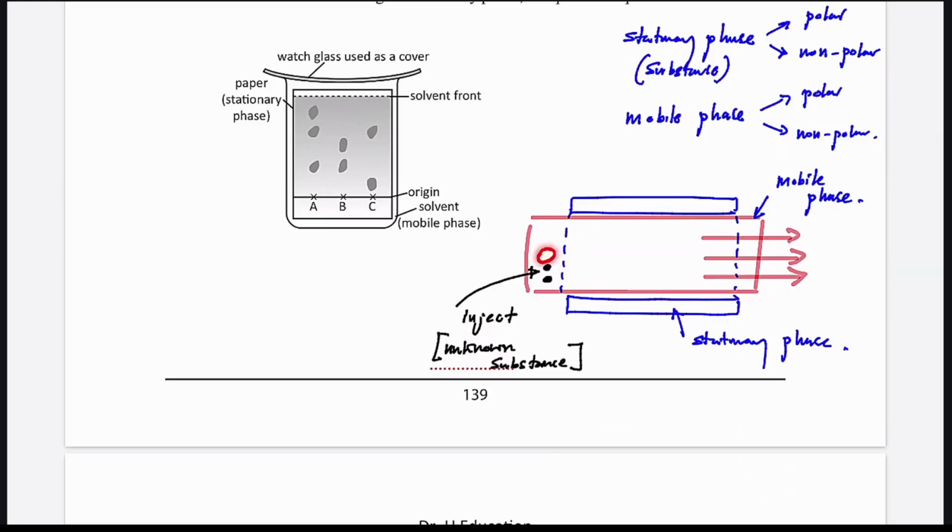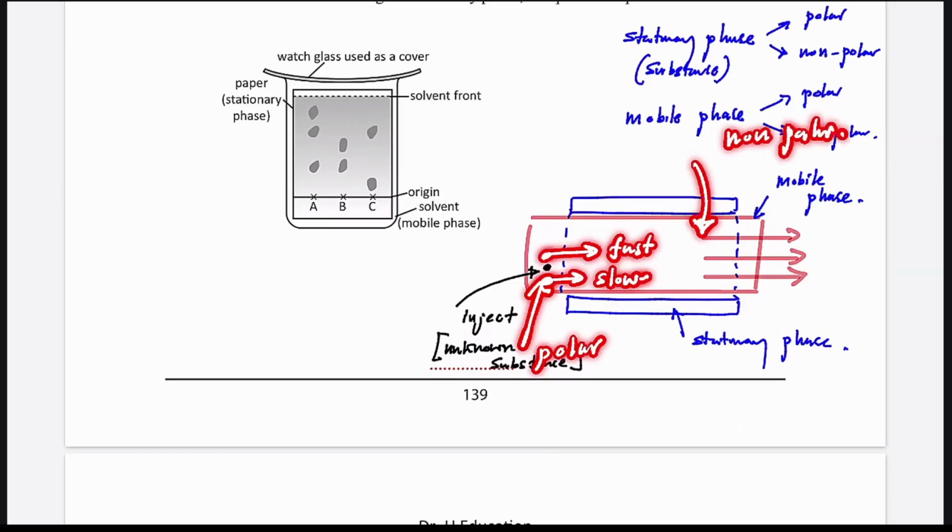If this one is going very fast, that means these 3 guys and this mobile phase have the same polarity, like non-polar, non-polar. Get it? If this guy is going slow, that means it has the opposite polarity. That means this is polar, maybe the mobile phase is non-polar. So that's the whole business here.